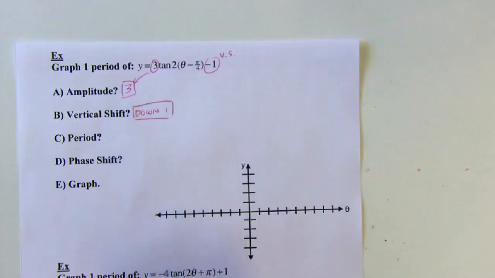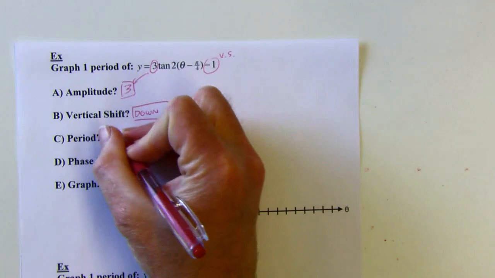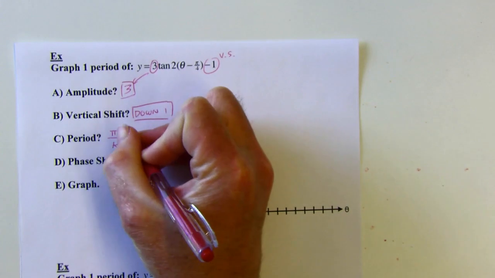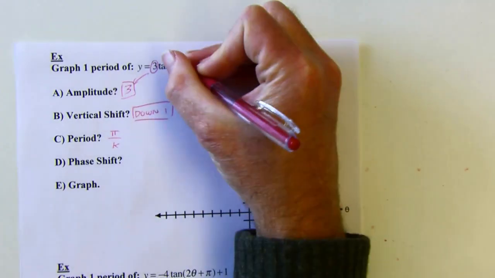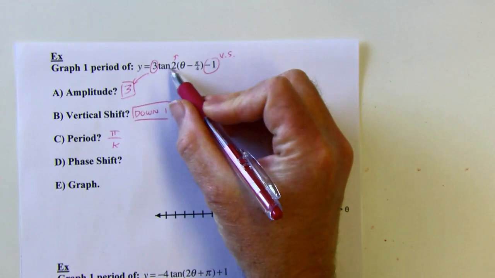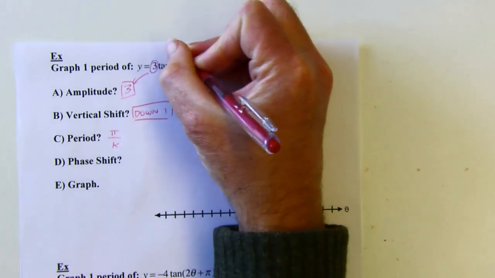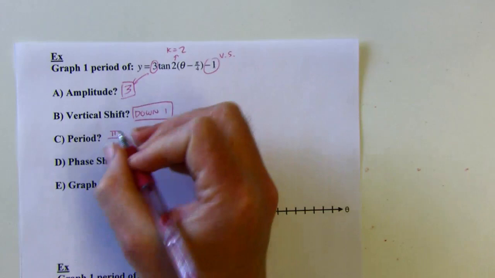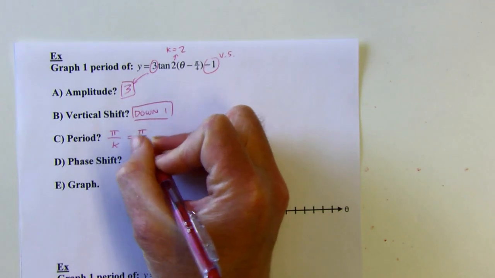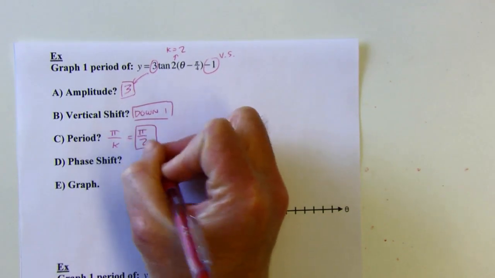Okay? And then for the period, pi over k, not 2 pi over k. Okay? And the k is the coefficient that would be between tangent and theta. It doesn't matter if it's inside the parentheses or not. K is 2. So in this case, I'm going to have pi over 2 for the period. Okay?